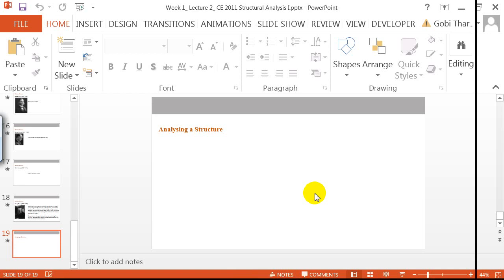But this beam is very critical because there's a roof, and the roof is transferring the load to the beam. And if you know how to analyze the beam, then you will know how much load is acting on each column, because the columns are going to give reactions to the load applied on the beam.